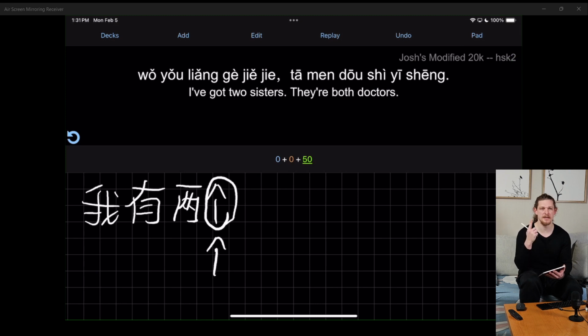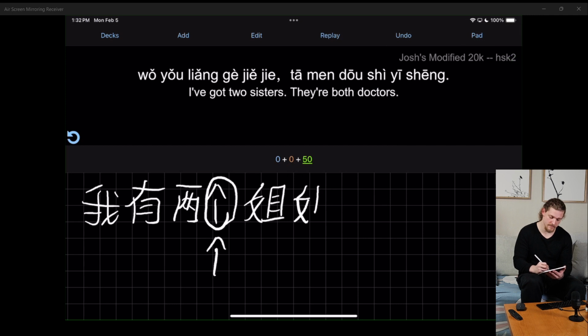So you say 一个 means 1, 2个 means 2, 3个 means 3. So we have 2个 is 2. Now 姐姐. So I have 我有2个姐姐. This means I have 2 older sisters.